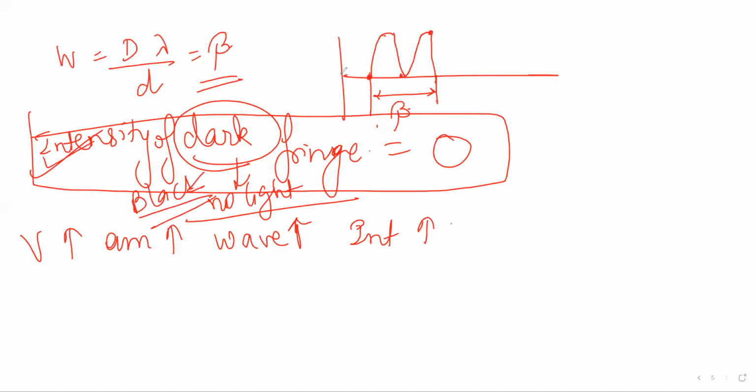Shadow intensity will be 0, because of that the result is totally dark. When my amplitude is higher, we see a bright fringe. But as my amplitude becomes 0, the intensity of that light becomes 0. No fringe, dark. Understood?